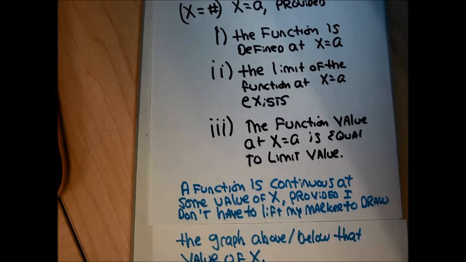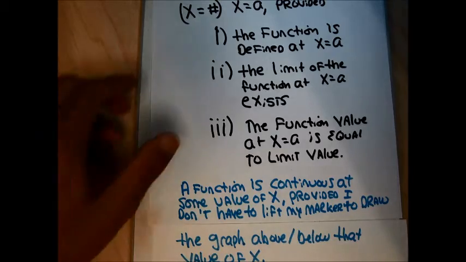So if when I'm drawing my graph, I have to pick up my pen to draw like two halves of a graph, the value on the x-axis where I have to do that break, we'd call that a point of discontinuity, and the function wouldn't be continuous at that point.